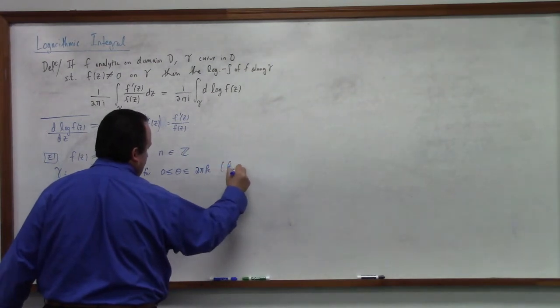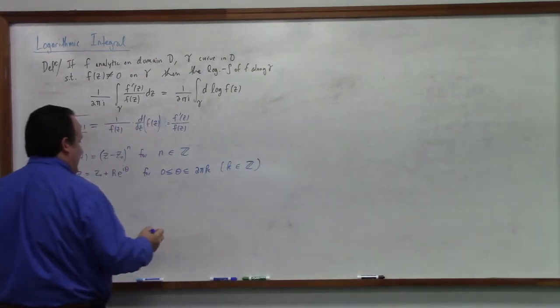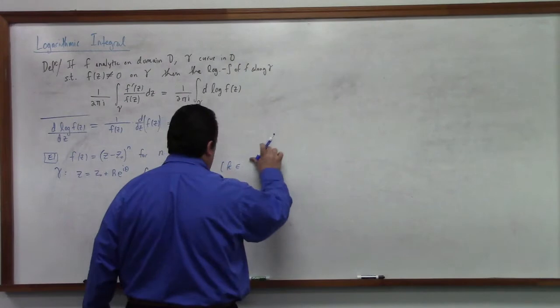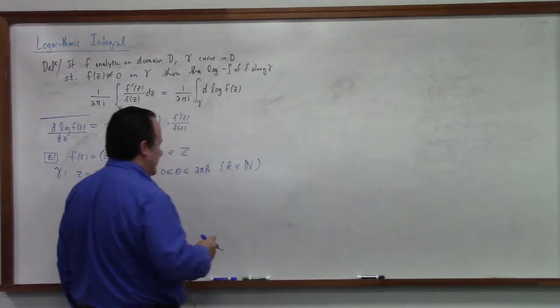Here k is an integer. Depending on what k is, if k is 1, it's going around the circle once, right? If k is 0, it's not even going around the circle. If k is 2, you're going twice around the circle. And if k is negative, it doesn't really make sense as I've written it, does it? So I probably should say for k in the natural numbers, as I've formulated this.